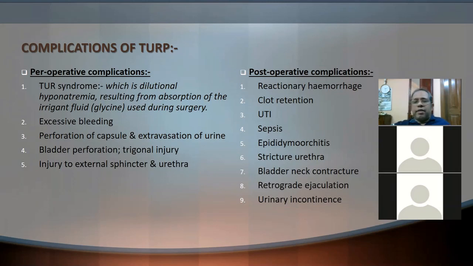Second thing is, whenever you do TURP surgery, monopolar diathermy or bipolar diathermy is used. In case of monopolar diathermy, you cut the tissue under water. That is an important thing.